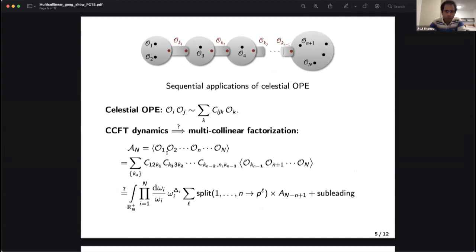It gives you up to a color ordering. You basically take the OPE of the first two operators, whatever comes out, you take the OPE of that with the third operator, and so on until you've taken all of them into account. And the question is whether this can match a Mellin transform of the splitting function.